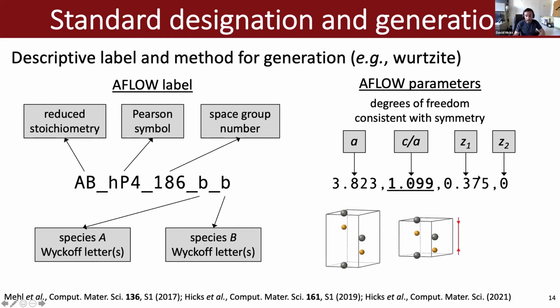But what's actually nice about this particular designation is you can actually tune the degrees of freedom to get slightly different structures, but while keeping the underlying symmetry. And so again, this is a very powerful prototyping tool because as a user, you can specify a label and essentially an infinite number of parameters to generate many different structures just with this one label. And so this is essentially the prototype generation scheme that we have. And so it's very useful for generating multiple structures.